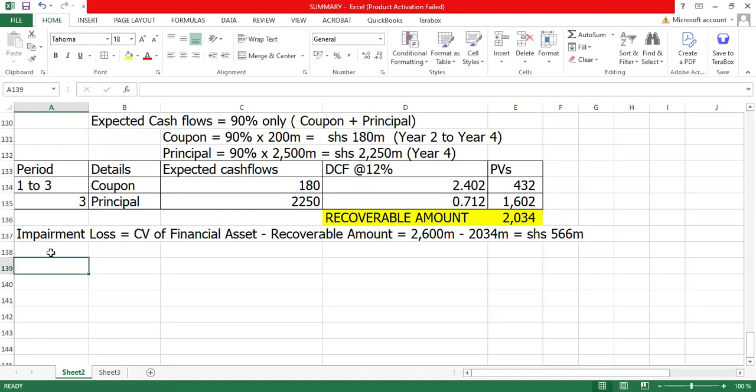Therefore, for the year ended 31st December, remember the question said we look at the year ended 31st December.